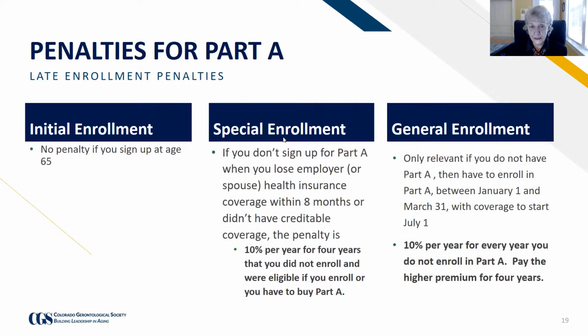If you miss signing up for your special enrollment period because you have delayed Part A and you didn't sign up within 8 months, or your company didn't have credible coverage.